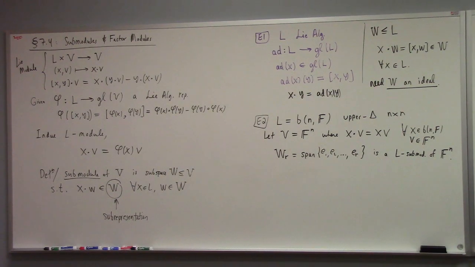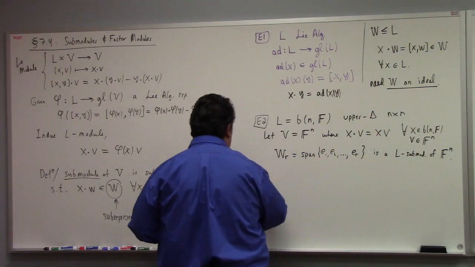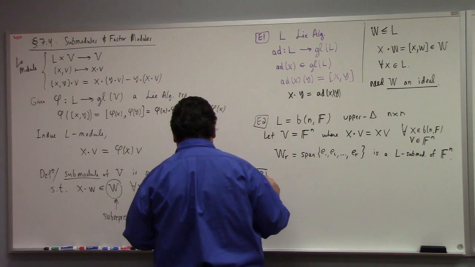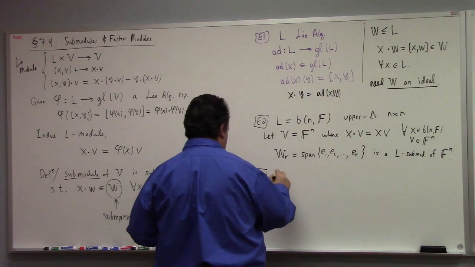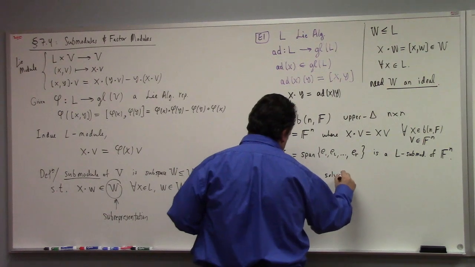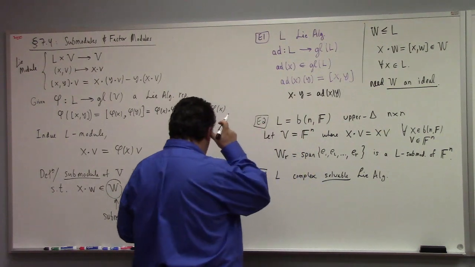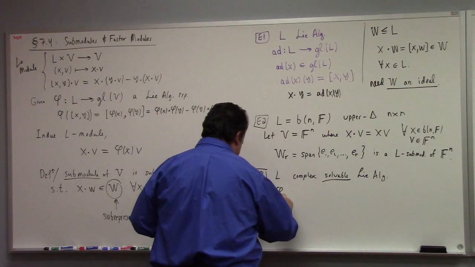So, all right. What is next? Example 3. He says, let L be a complex solvable Lie algebra, and suppose that you have a representation phi.